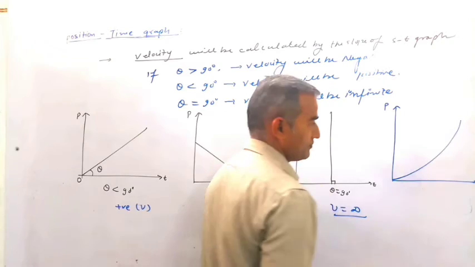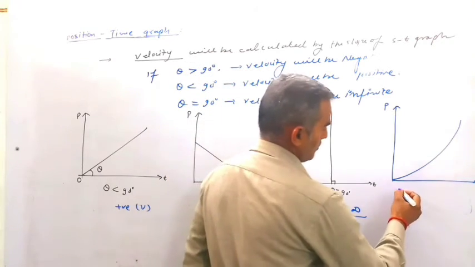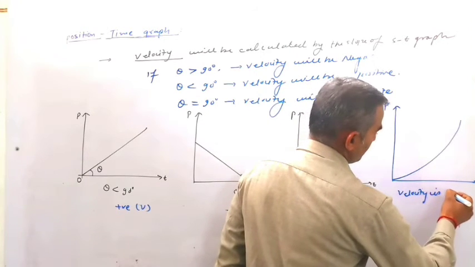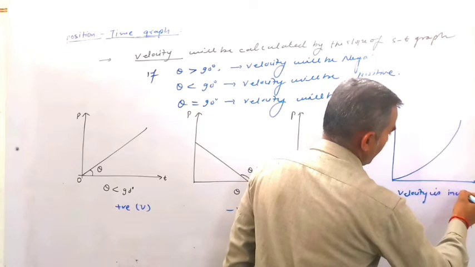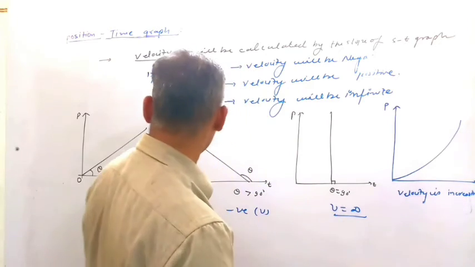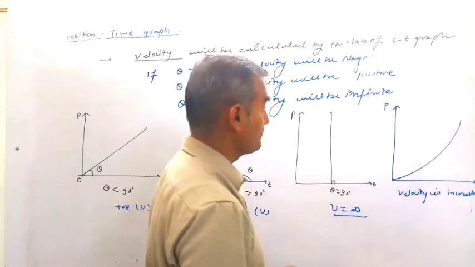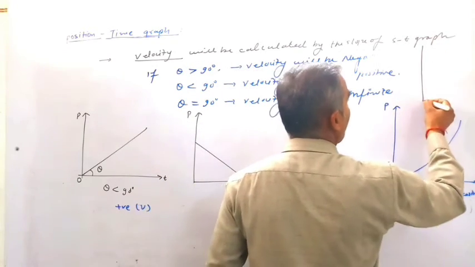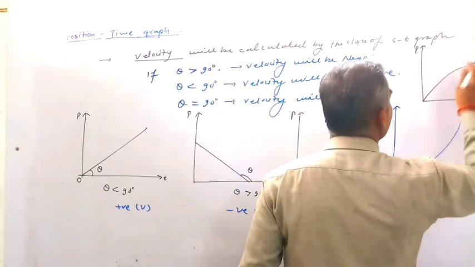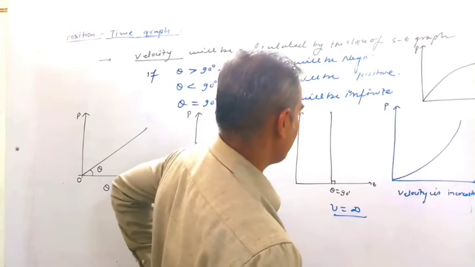Velocity increasing because slope is increasing. Next, velocity increases, then decreases.